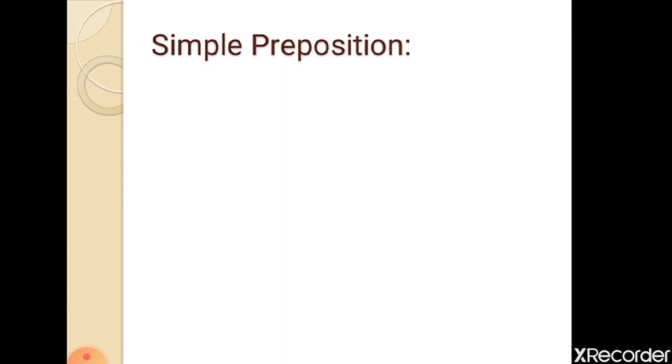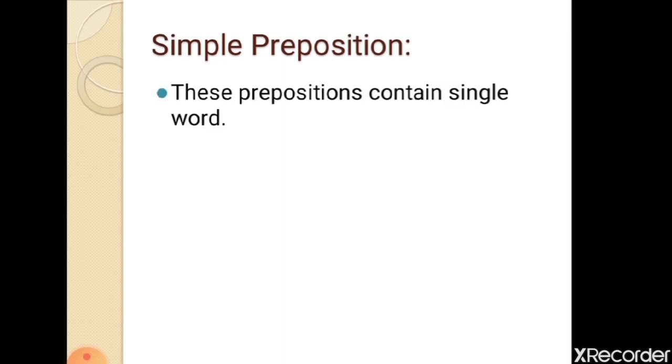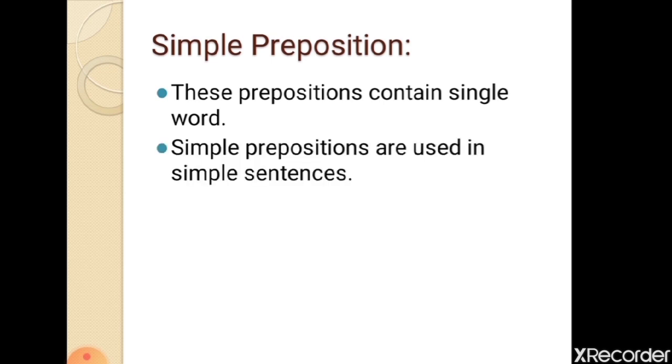The definition of simple preposition is: this preposition contains only a single word and simple prepositions are used in simple sentences. All of you know that there are types of sentences like simple sentences, compound, complex. So, simple prepositions are mostly used in simple sentences.